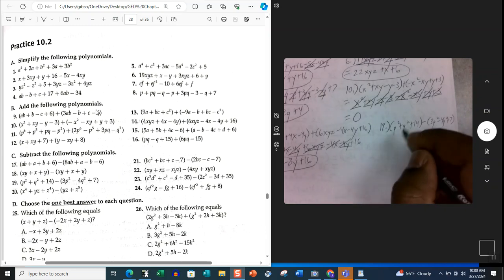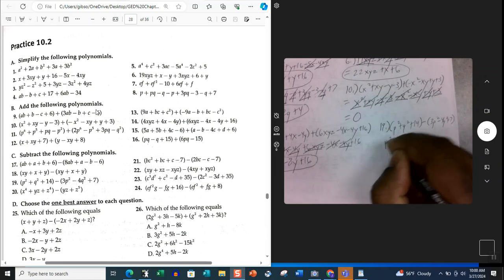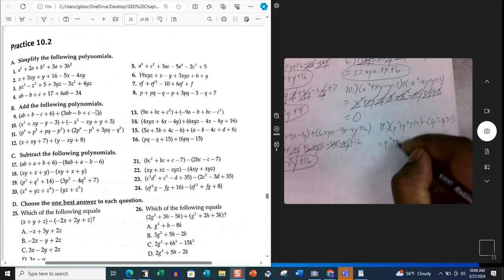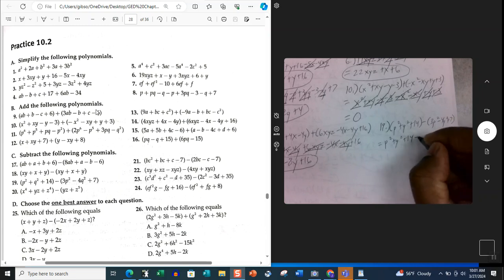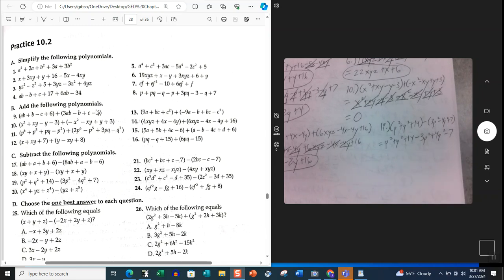Now, we keep the first parenthesis the same, p squared plus q squared plus 14, as they had no like terms. And since we have a minus sign in front of this parenthesis, we change each one of their signs. So it's a negative 3p squared plus 4q squared minus 7. Now we combine like terms.